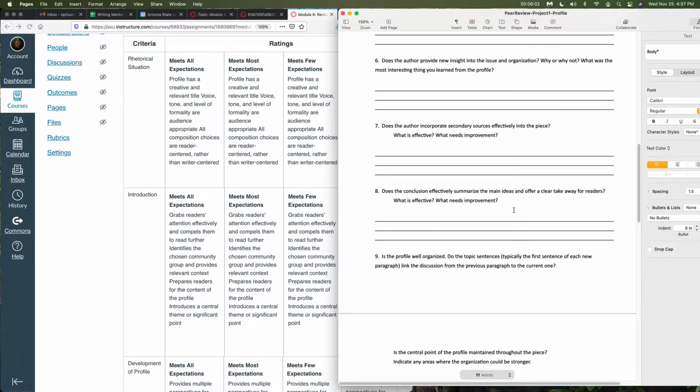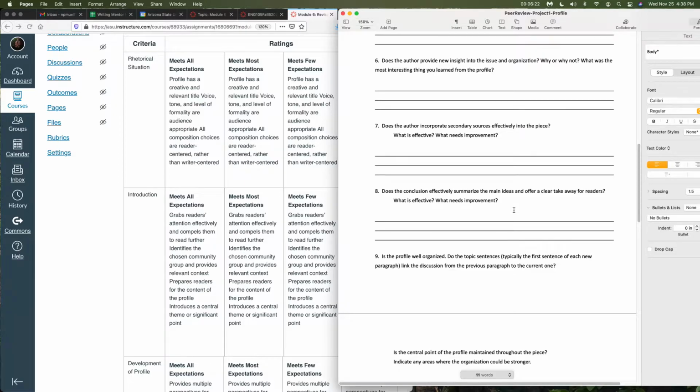I think for most organizations that are unique to a community, this will be fairly straightforward because I've read plenty of these profiles, and most of them are from communities I've never been to and have no knowledge of.